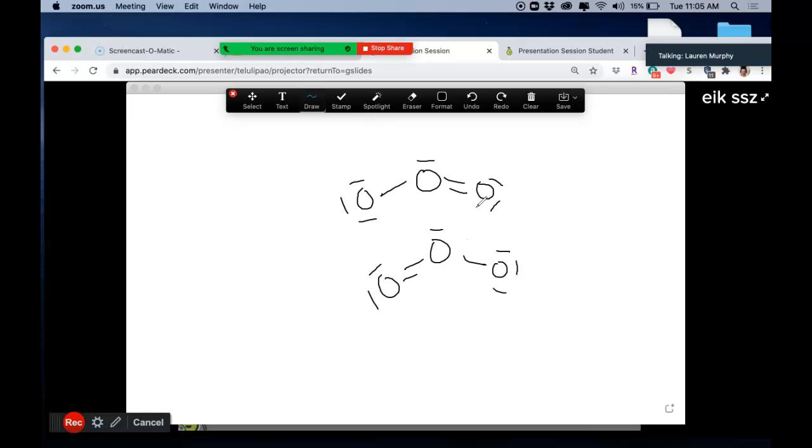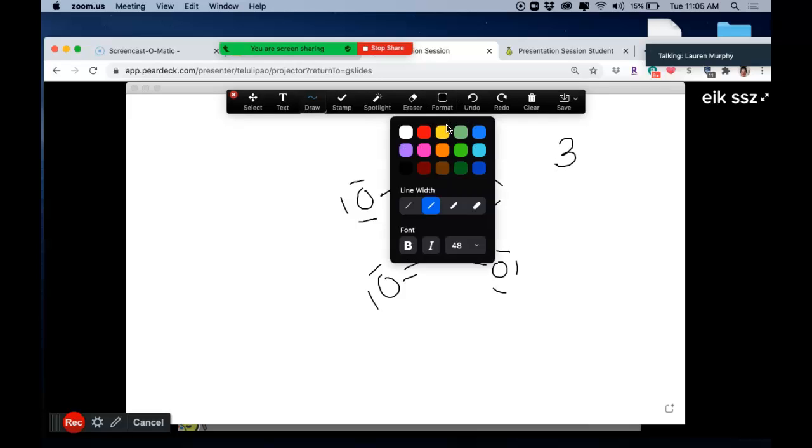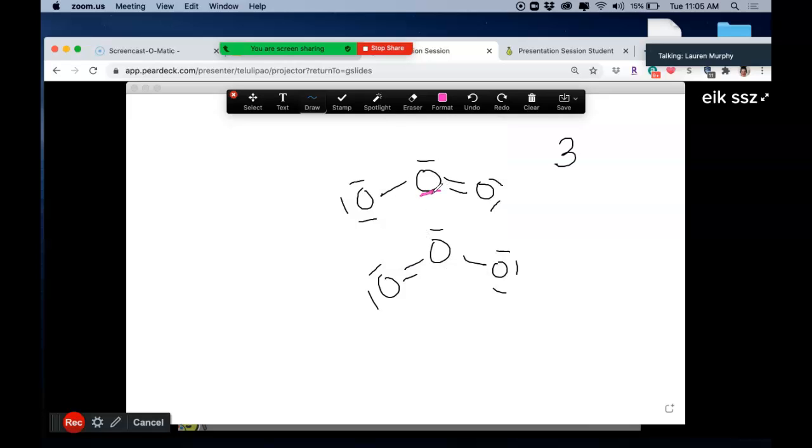Okay, resonance. So when they look at ozone, how do I do bond order? You count the number of bonds: 1, 2, 3. Three bonds, the double bond and the single bond. How many things are bonded to the central atom? 1, 2.